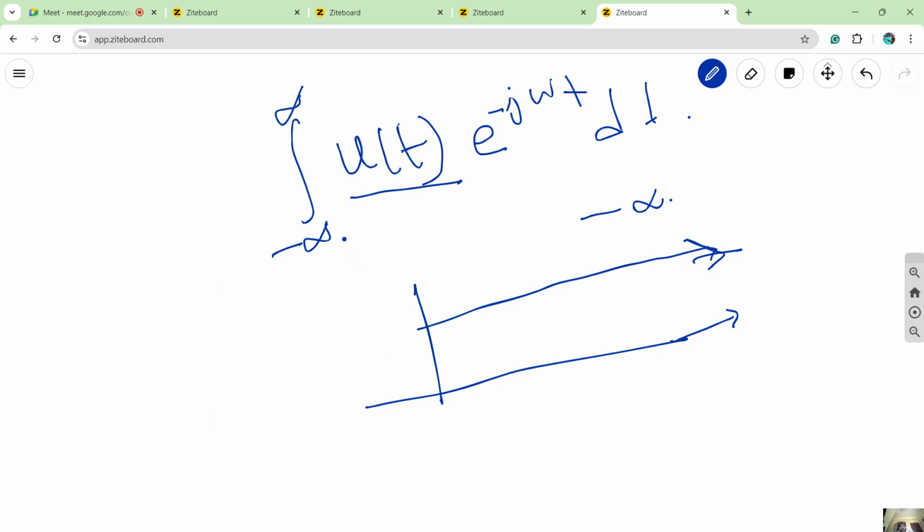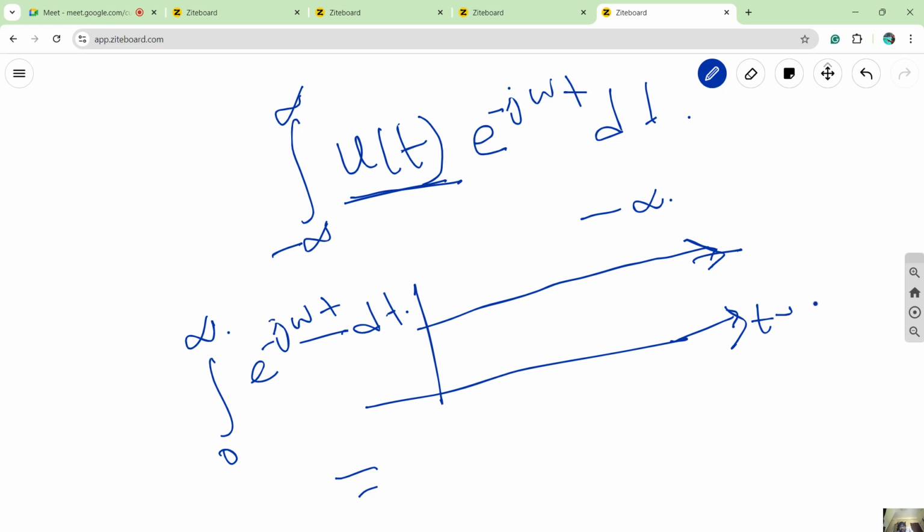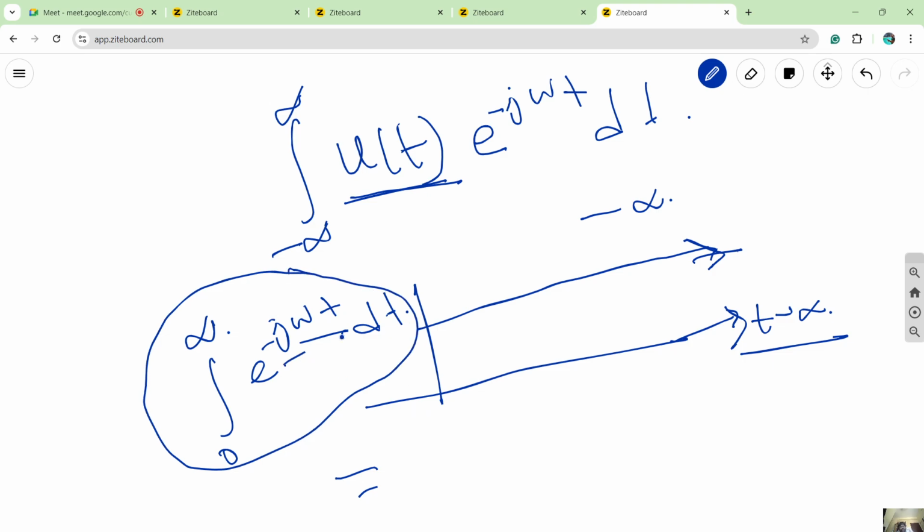Because how do you express it? Actually, it becomes 0 to infinity, e to the power minus j omega t type of thing. And at infinity, t tends to infinity, you cannot easily do this integration because it's not actually converging.